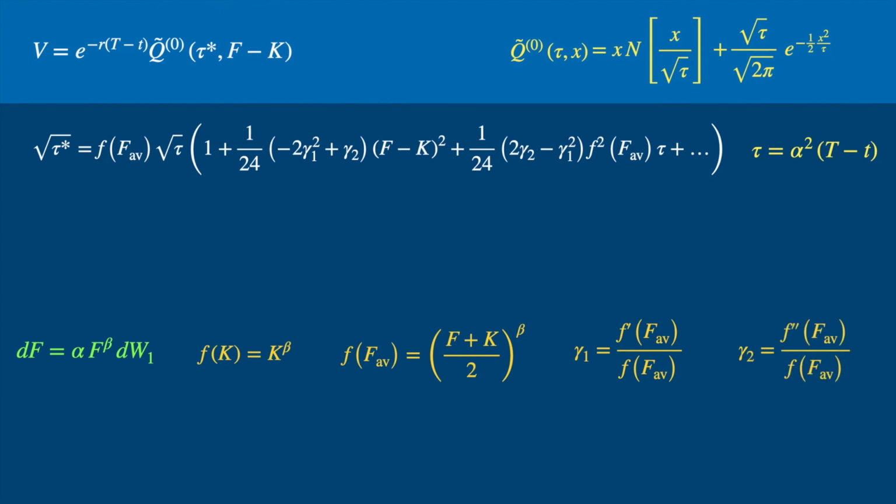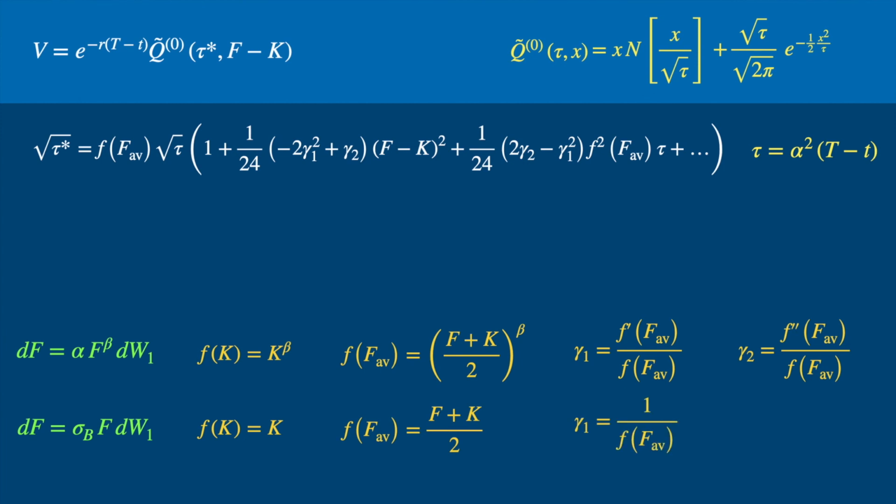The Black model assumes the following dynamics in our notation. So f of k is just the identity, and it will be evaluated at the average of f and k. Its first derivative is equal to 1, so gamma 1 is just 1 divided by the function value, and its second derivative is 0, so gamma 2 will equal 0.